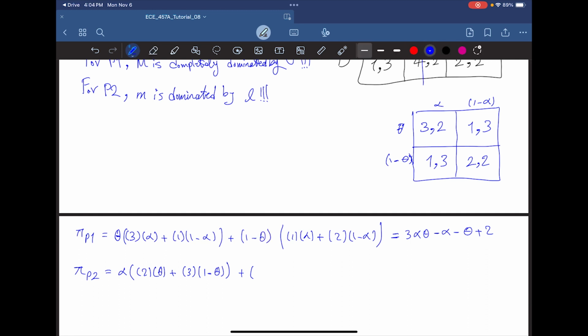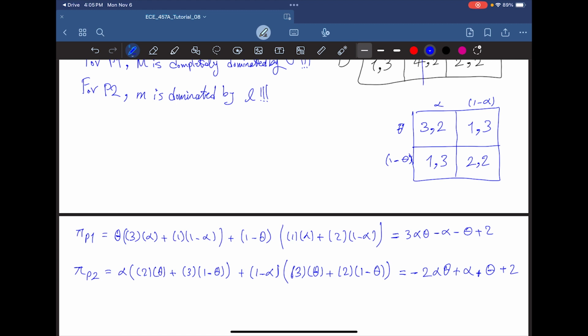Minus theta. 1 minus alpha, times 3 theta and 2 times 1 minus theta, which is negative 2 alpha theta plus alpha minus theta. Sorry, plus theta plus 2, I believe.